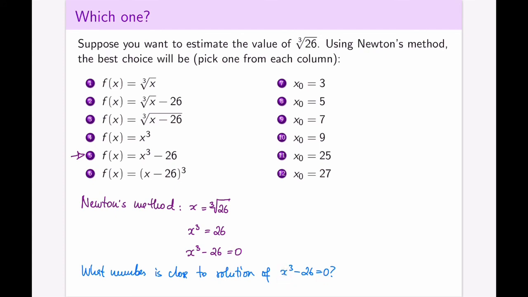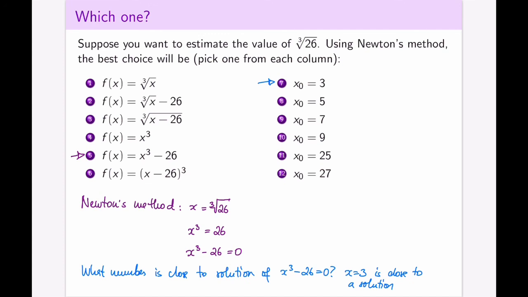My outcome is not going to be very close to 0. I plug in 2. That's 8 minus 26, not super well. What about 3? 3 cubed is 27. 27 minus 26 is 1, which is close to 0. So the number that is close to the solution is 3. x equals 3 is close to a solution, so that will be my choice for the initial condition here.